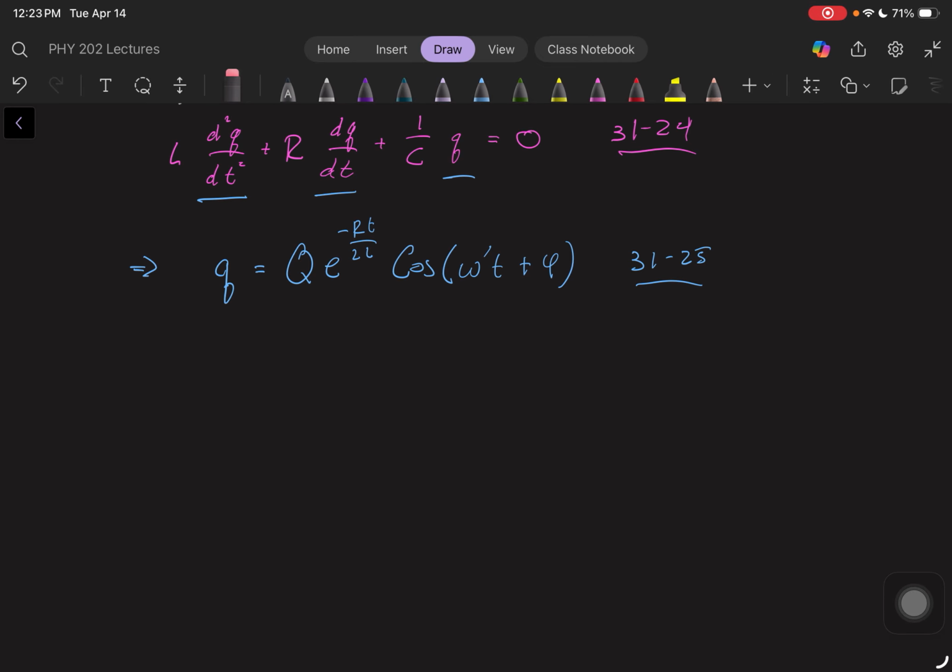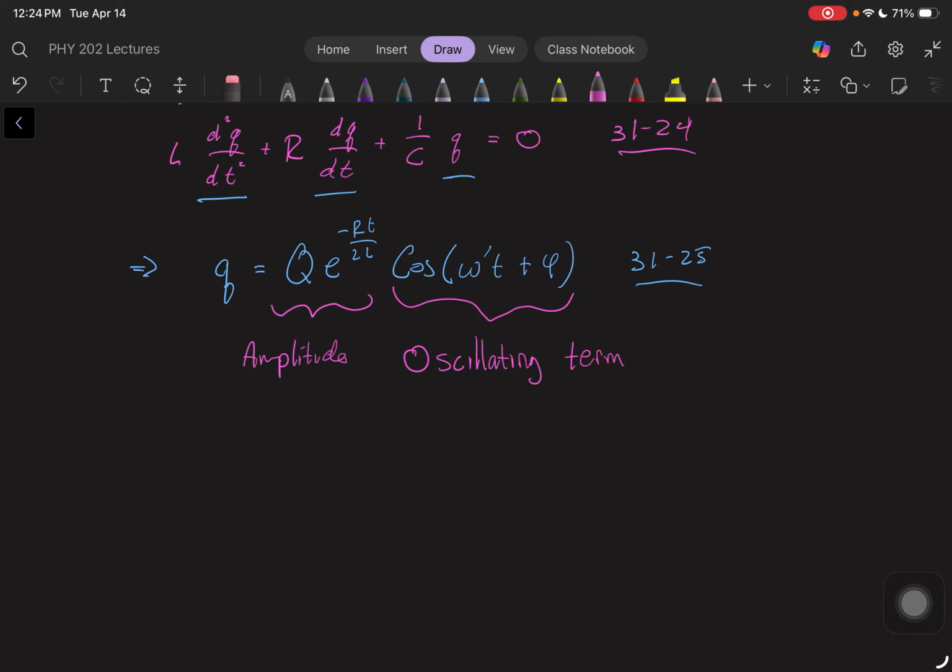Anytime we've seen something like this, we know this is going to be an oscillating expression, right? We have our oscillating term, and then we have the amplitude. I think we've seen some interesting amplitudes.